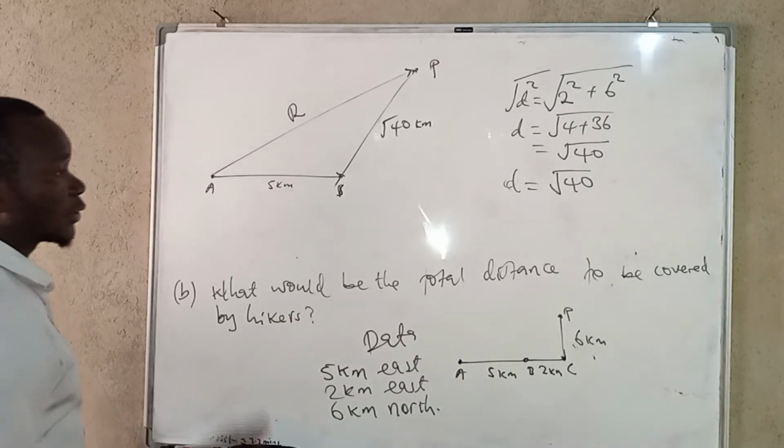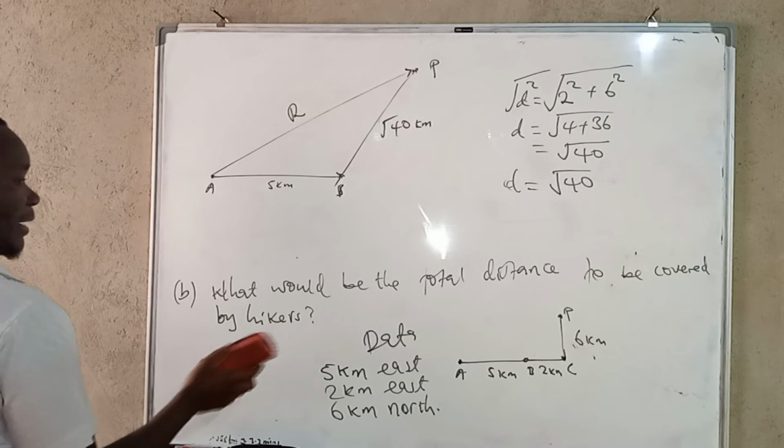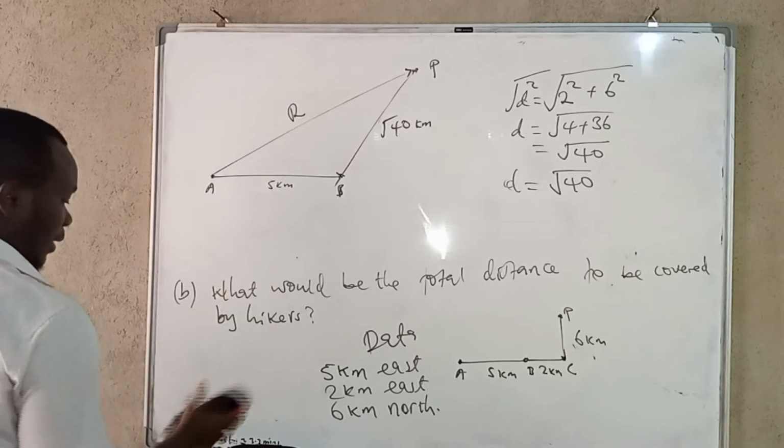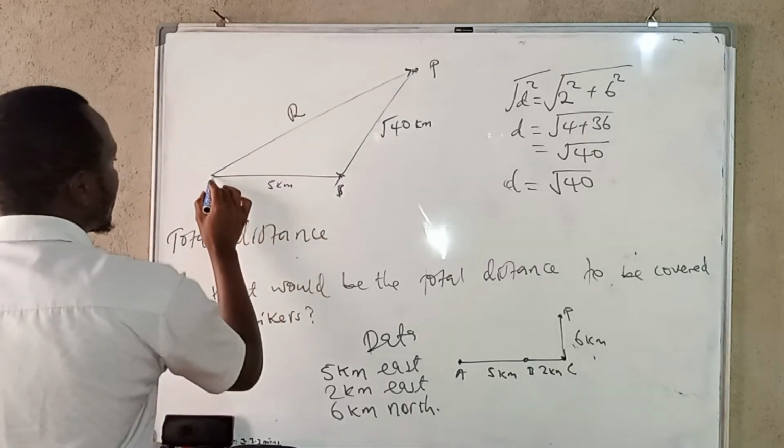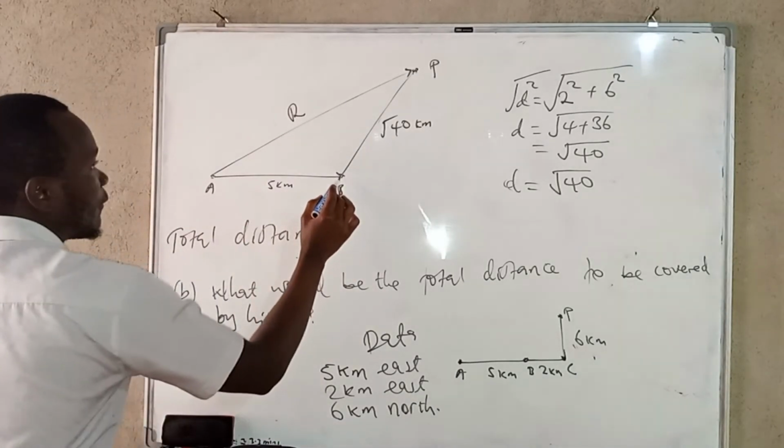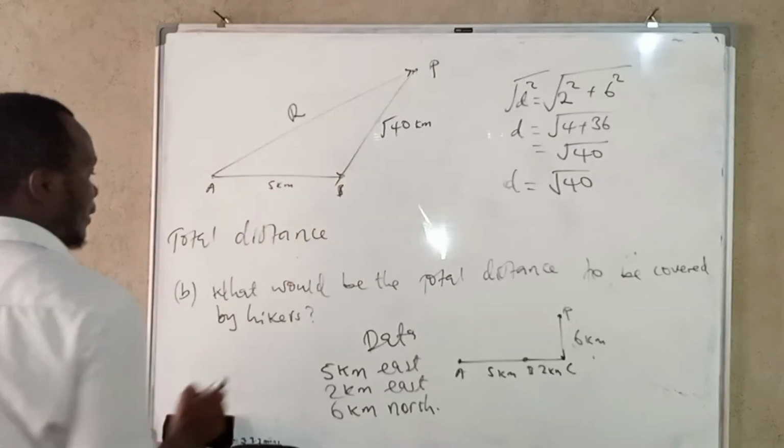From this, we are also asked to find the total distance that will be taken by the hikers. We know that total distance is the distance from this point to this point, then moving from this to this, which is simply the resultant.